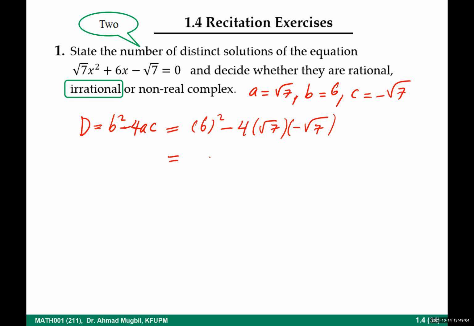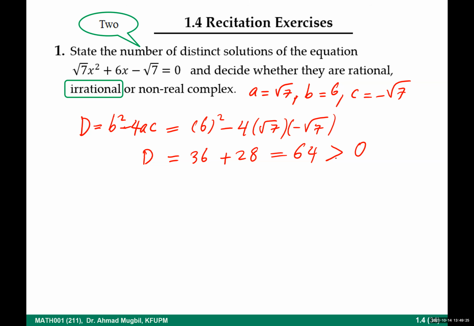This will be equal to 36 minus, negative times negative, it will be positive. Square root of 7 times square root of 7 is 7, times 4, 28, which is what? 64. Now, greater than 0.